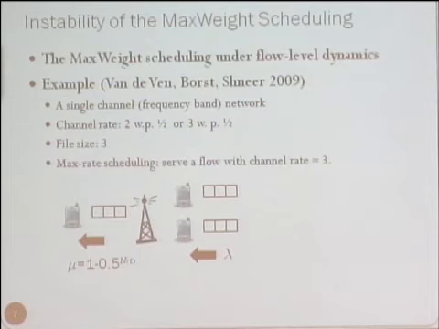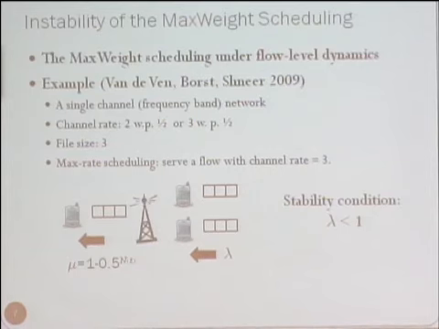So the probability you can serve somebody under this algorithm goes to 1. So the maximum file arrival rate you can handle in the system is 1, which is clearly significantly bigger than 2 over 3.